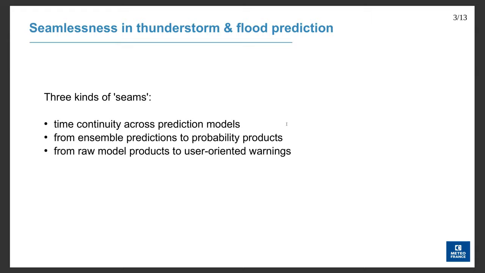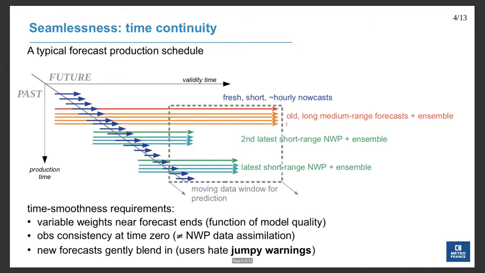So regarding the time continuity of the forecast products, it is useful to visualize the diversity of forecast models in a typical production suite as a two-dimensional diagram, where in the horizontal you have the validity time of the weather products, and in the vertical you have the production time, so the time at which the models are computed. The gray diagonal is the present, and to the right you have the future.